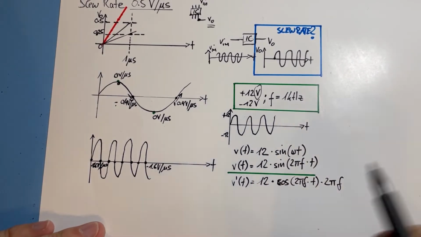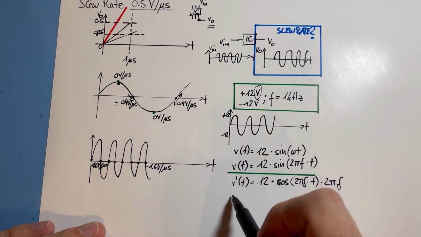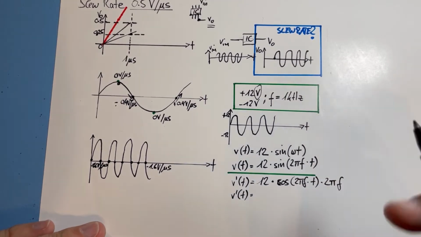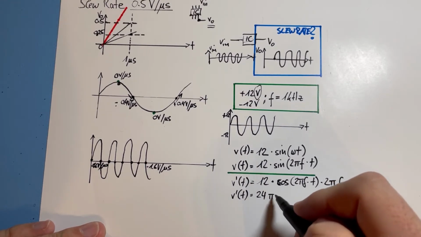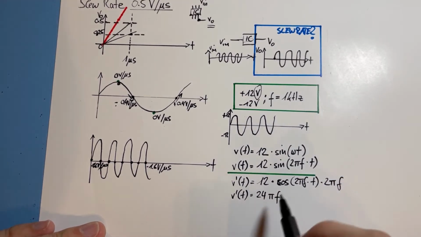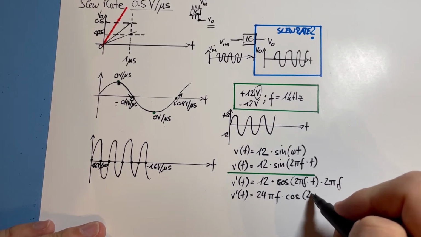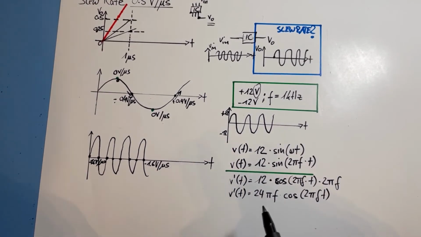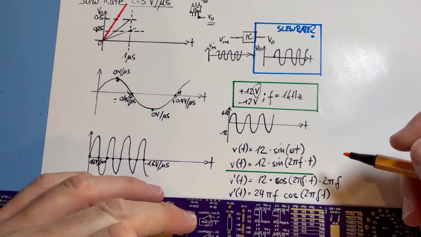If we multiply 12 by 2 and take the pi and f to the front, our change of voltage per time unit is 24 pi f times cosine of 2 pi f t. Okay, and that is our change. So I make it orange here.